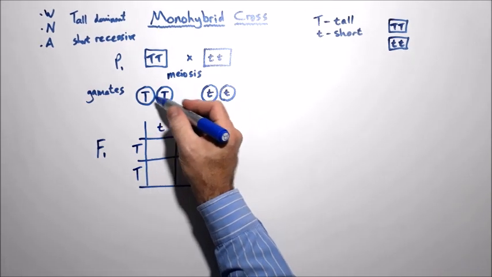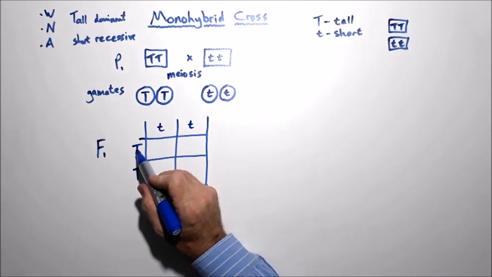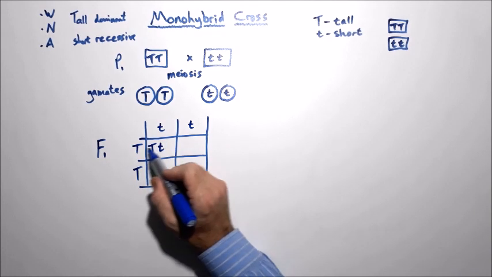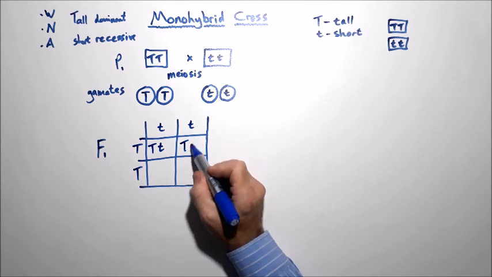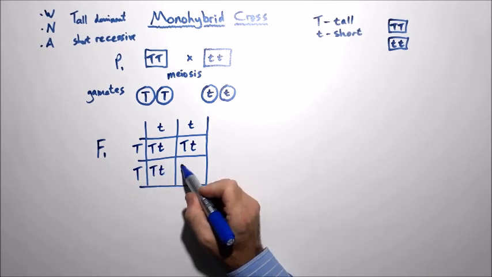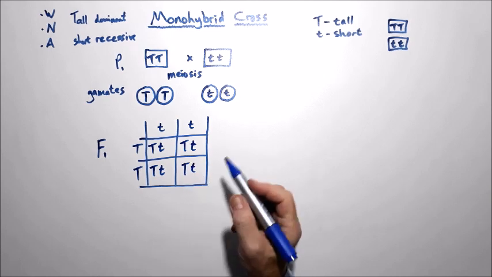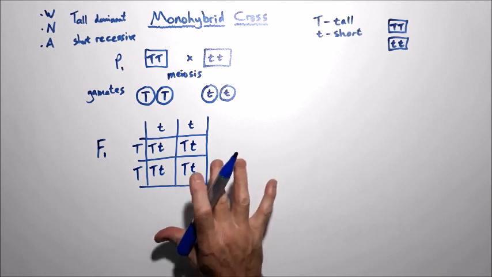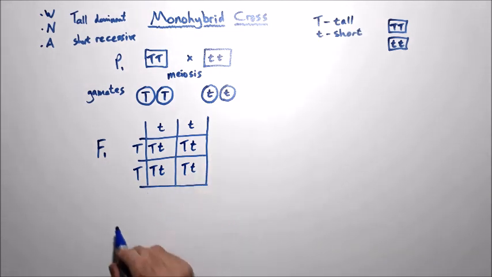So effectively we're going to cross that with that. Let's do it slowly. Big T, small t, big T, small t, big T, small t, big T, small t.